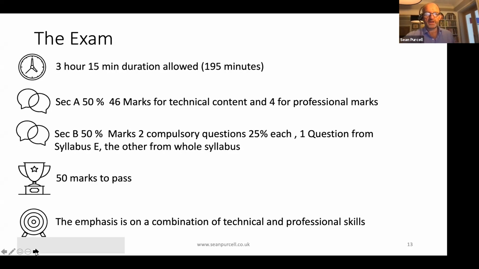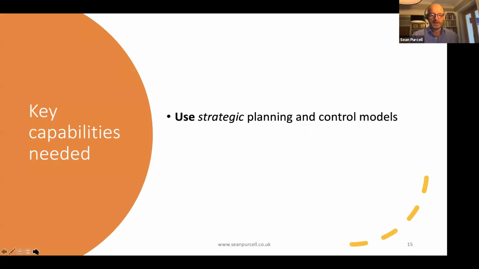So that's what your exam is going to look like. In terms of what capabilities do you need? Well, the first thing that you are going to need is, when we're looking at strategic planning control models, it's not about regurgitation, but you have to think that you're a strategic level professional.